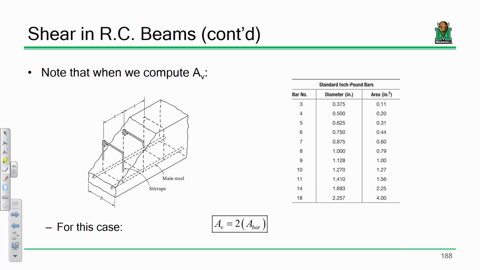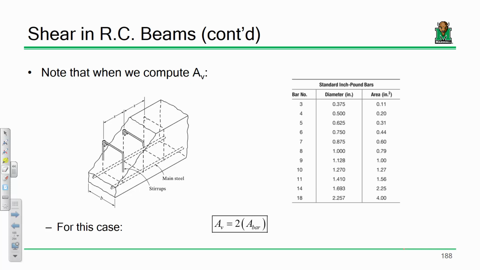The area of a single number 3 bar is 0.11 square inches. If I tell you I'm using number 3 U-shaped stirrups, I don't use 0.11 as Av. I use 0.22 because there are 2 bars going across that crack. Does that make sense?